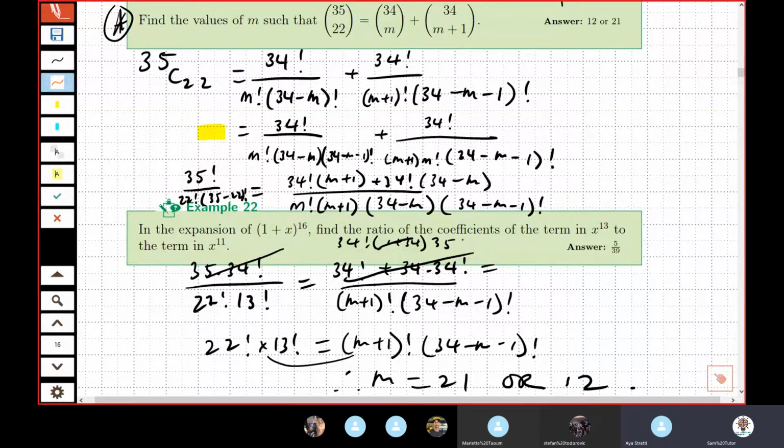This one, m plus 1. The factorial part that you didn't add. Does that matter? Yes. All right, I'll do it again. First copy it down. I'll do this question again.